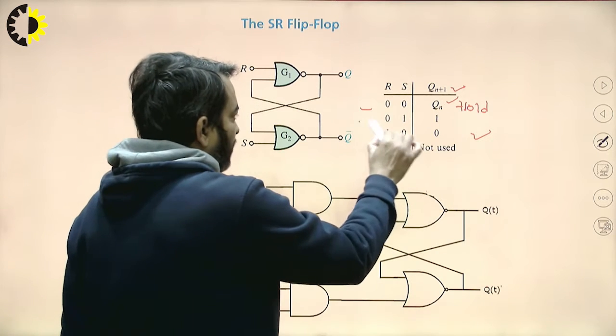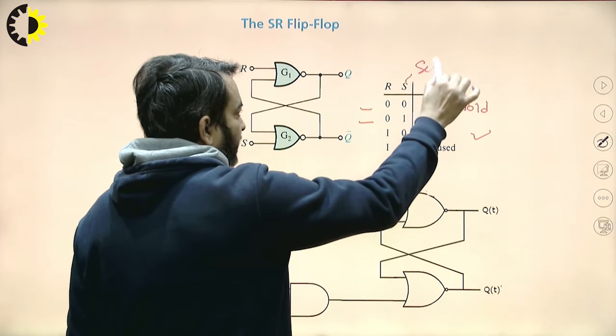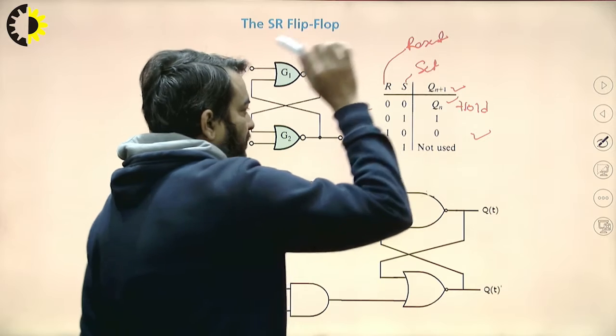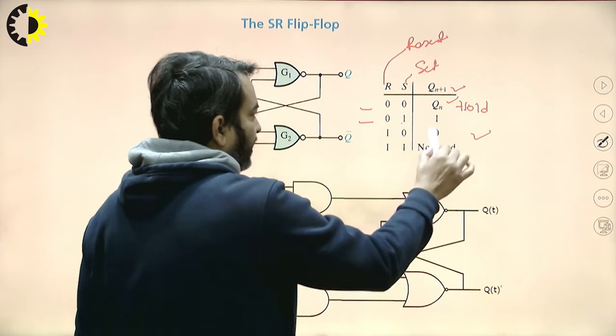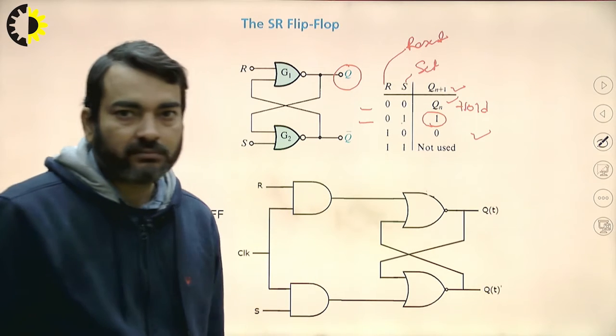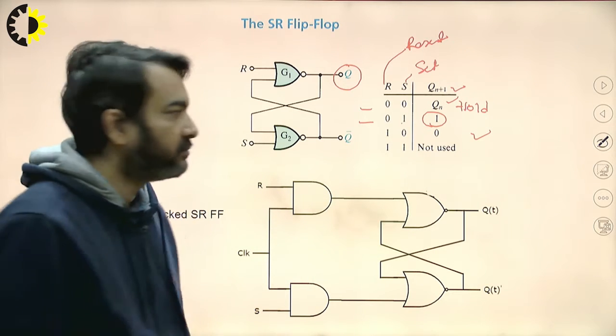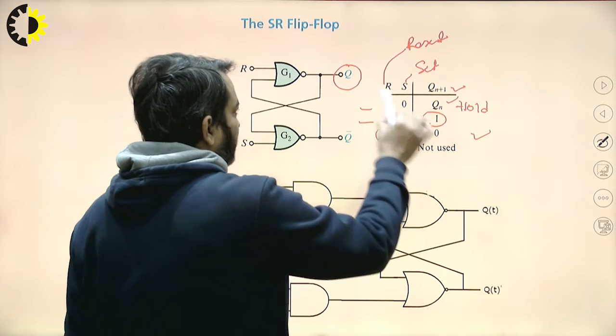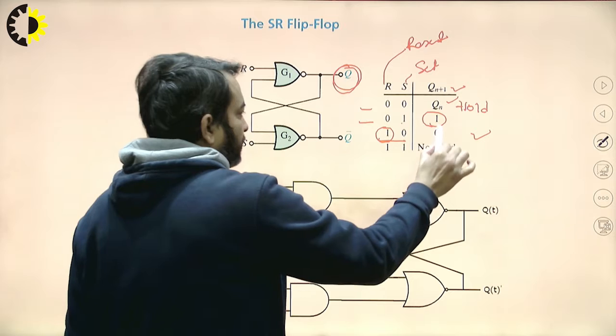For the 0, 1 combination, S stands for set while R stands for reset. If the set input is 1, the normal output, that is Q, will be 1. For the 1, 0 combination, when the reset input is 1, we will say the normal output will be 0.